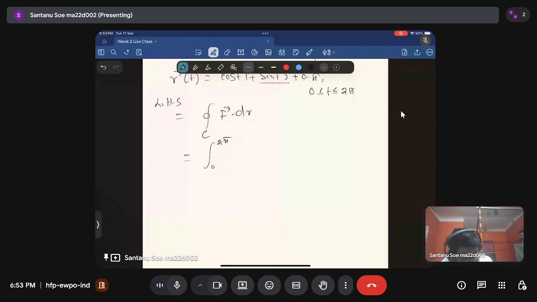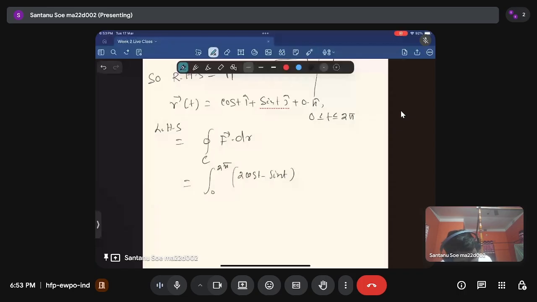So all other terms will be 0, and this is dt. So this is just the integral from 0 to 2 pi of minus sin 2t plus sin square t dt.